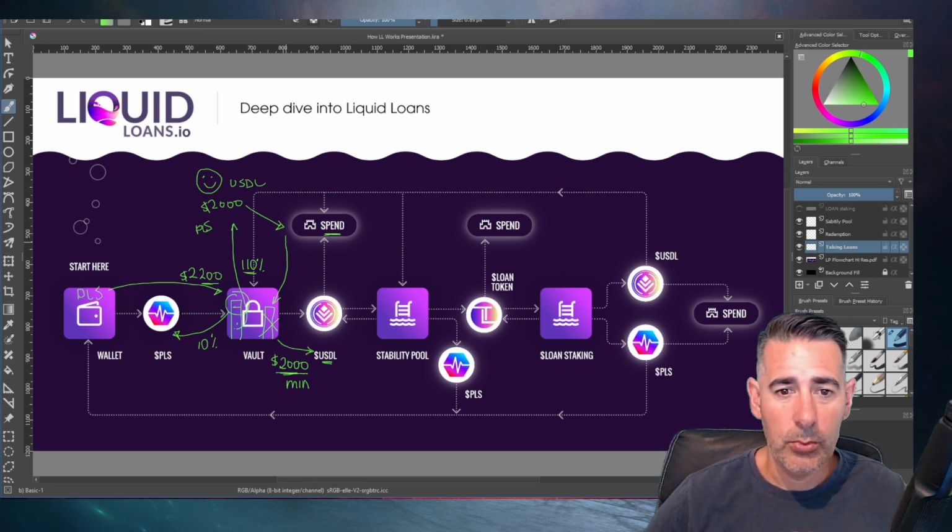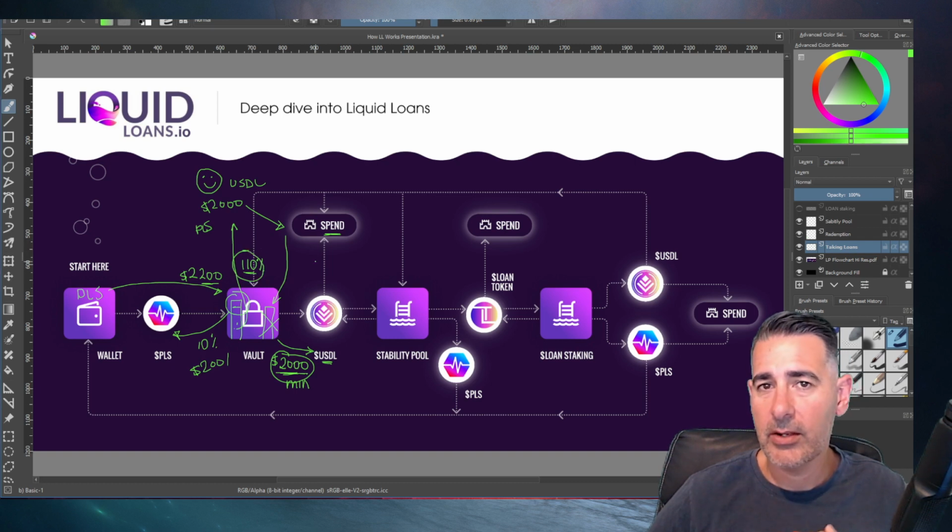If you really wanted to, you could then take that money and the extra 200 you got back here that was excess, and go back on the market and buy the Pulse back if that was a concern for you. Now obviously, don't let your vaults get down to this 110% minimum level. As we mentioned before, you want them sitting up around the 200, 250 range.